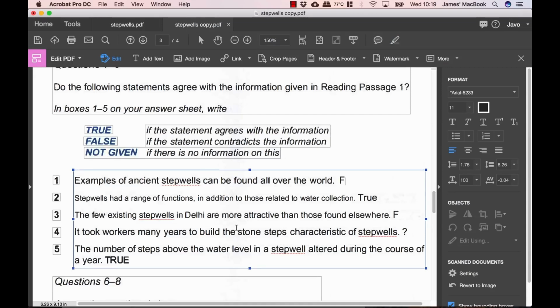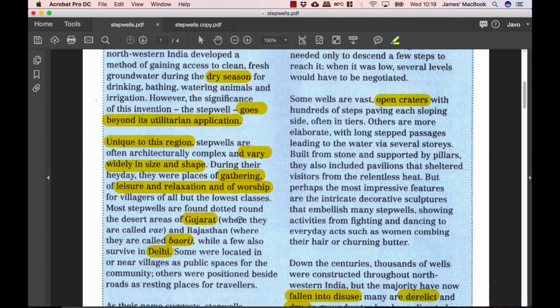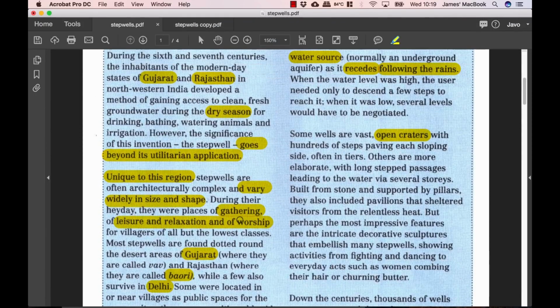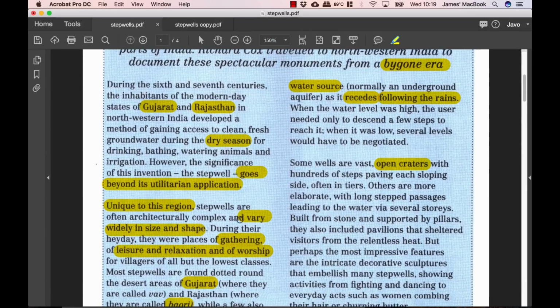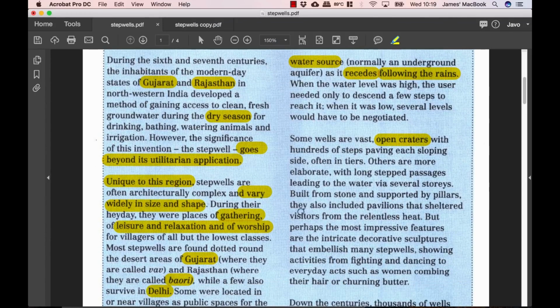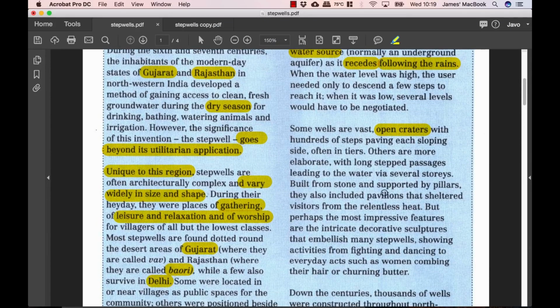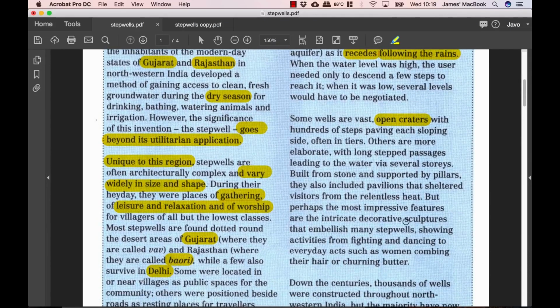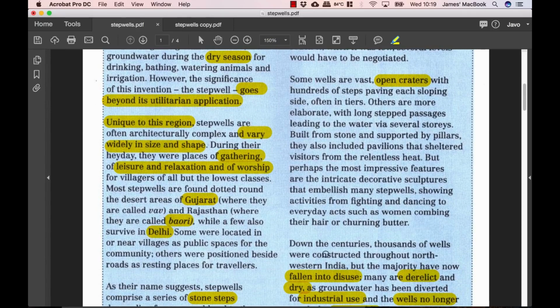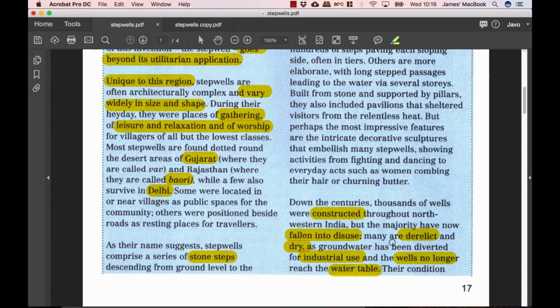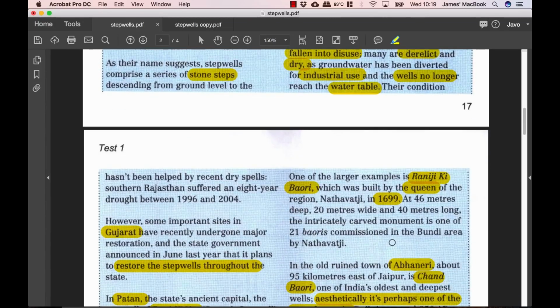It took workers many years to build the stone steps characteristic of the stepwells. So we're looking for something like ages, long time. Okay, here we've got the word constructed. No.